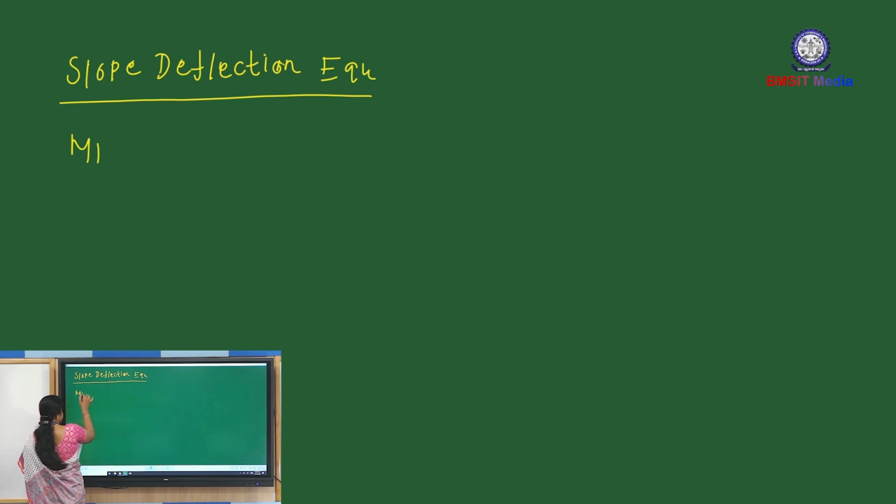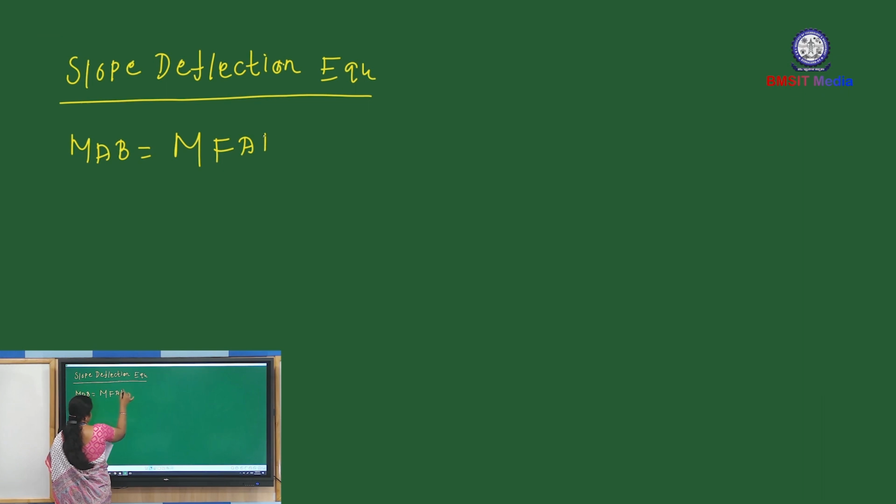One is MAB. Already we know how to write the slope deflection equation. That is the fixed end moment MFAB plus 2EI by L, 2EI divided by L. Here L equals the length of the span AB only.